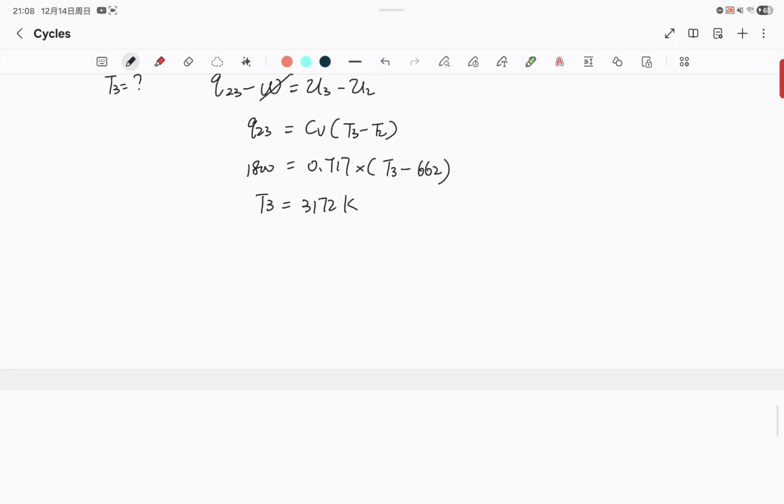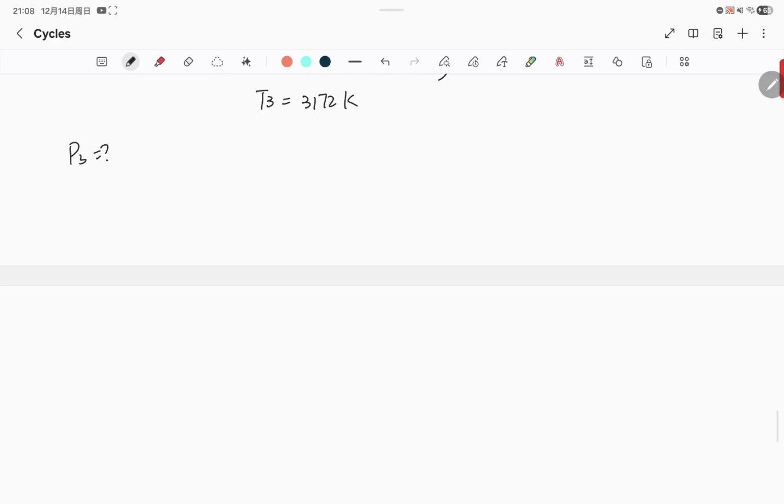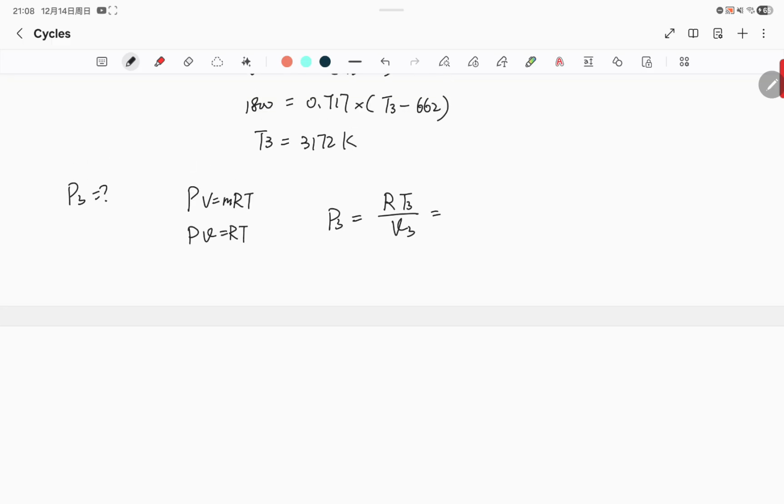How about P3? Well, guess what? We're gonna use the ideal gas law. PV equals MRT. Since there's no M, we're gonna use P small v is equal to RT. We just have T3, so our P3 is gonna be R T3 divided by our V3. What is our V3?